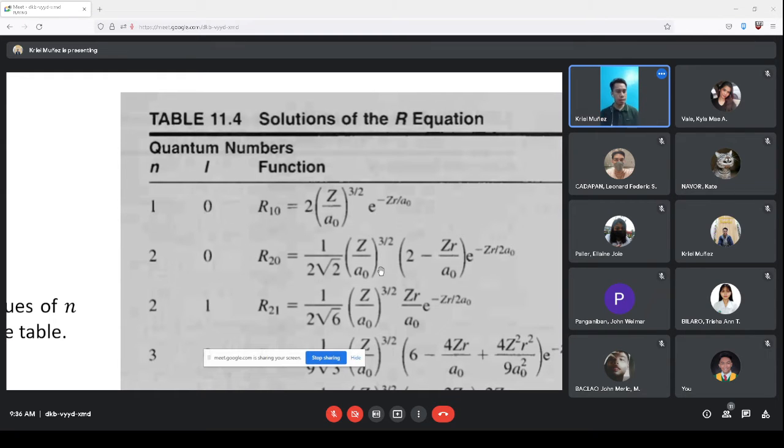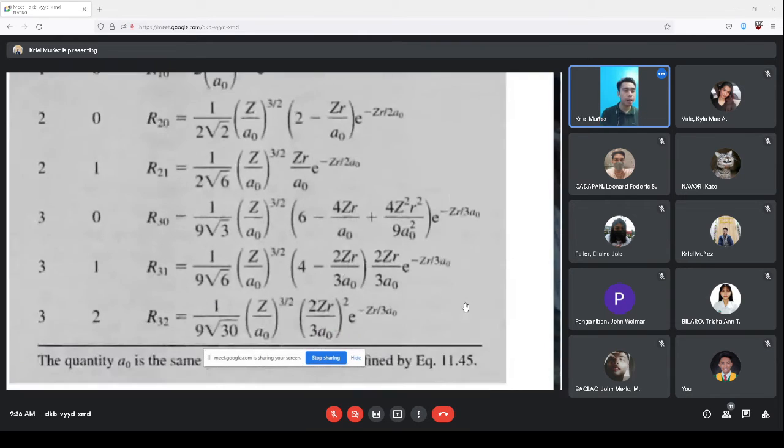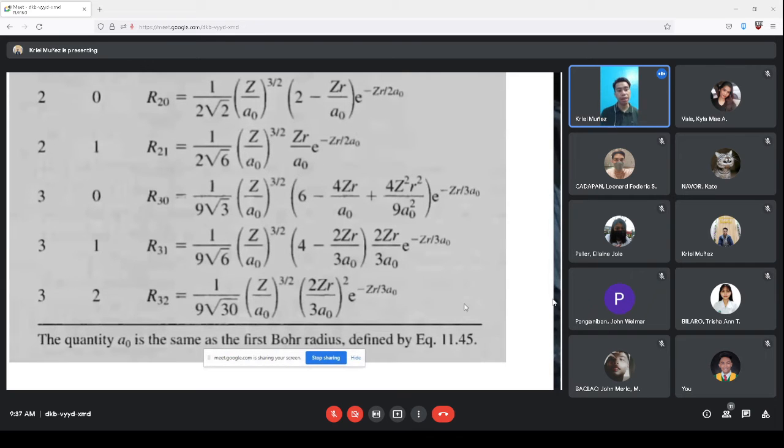Okay, so as you can see, class, lahat ng solutions natin ng R equation have that term. So we have e raised to negative ZR over a naught or the Bohr radius. So for 10, for 20, for 21, lahat yan sila class, merong e raised to negative ZR over a naught.